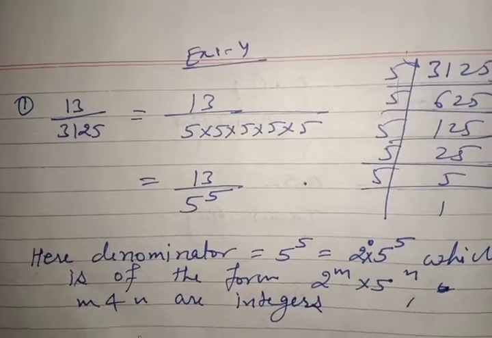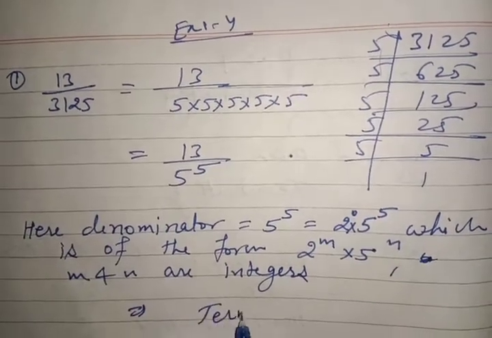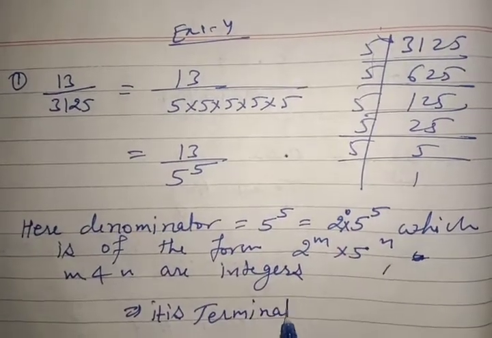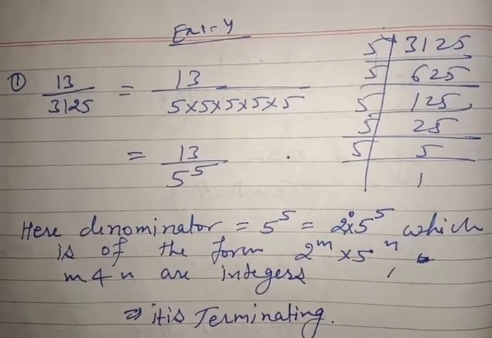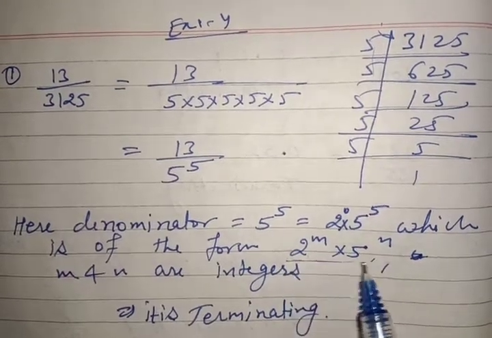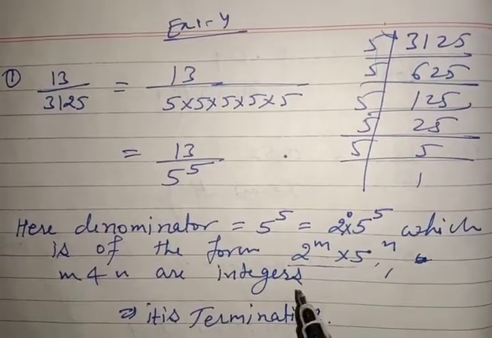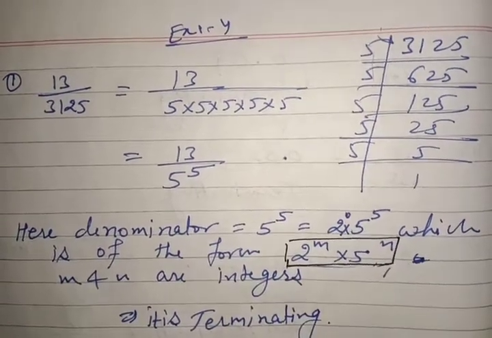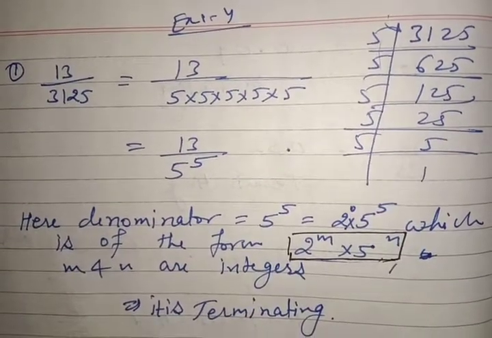So this implies it is terminating, because the prime factors of the denominator are of this form.